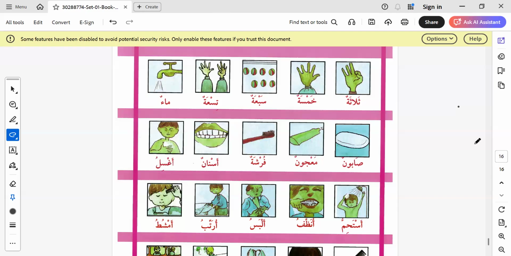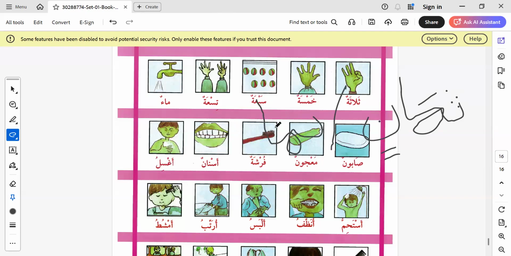You have tried, Barakallahu Fik. However, it's not ثمان, it is ثمان with a kasra, and then ثمانية.